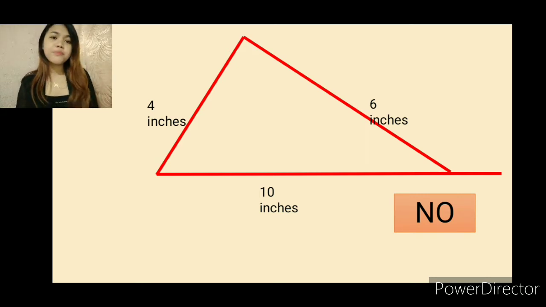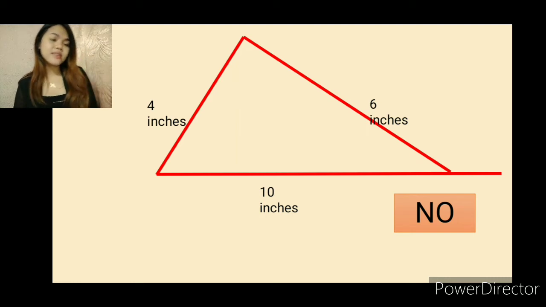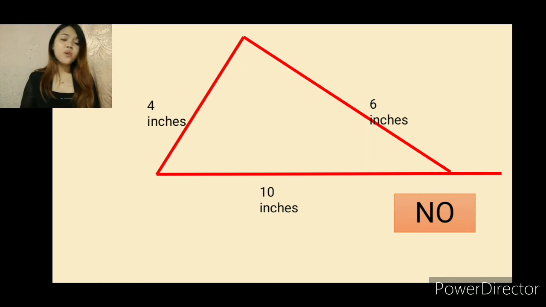How do you compare the two shorter lengths with the longest length? You have 4 inches and 6 inches with 10 inches. As you can see, when you add them, the sum is 10, which is equal to the longest side, which is also 10. And the lengths don't form a triangle.